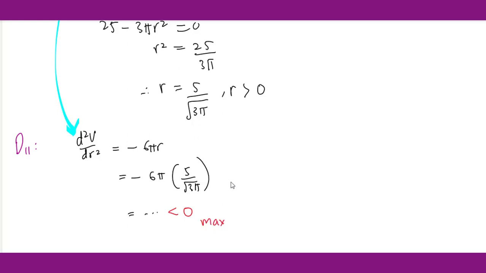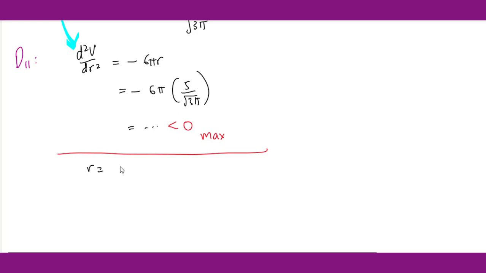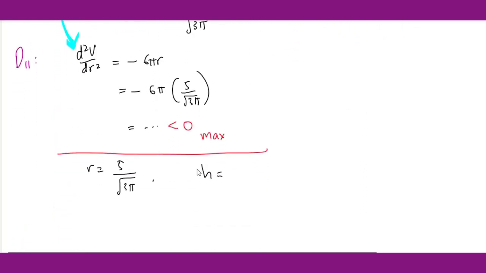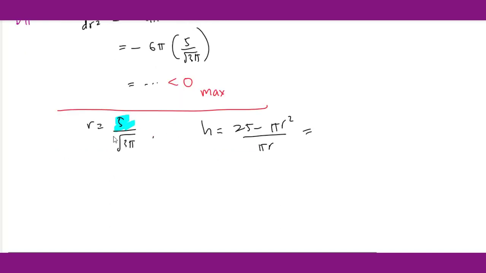Also now r is equal to 5 over root 3 pi. Going to find h. h is (25 minus pi r squared) over pi r. Substitute this value of r into this r and r.